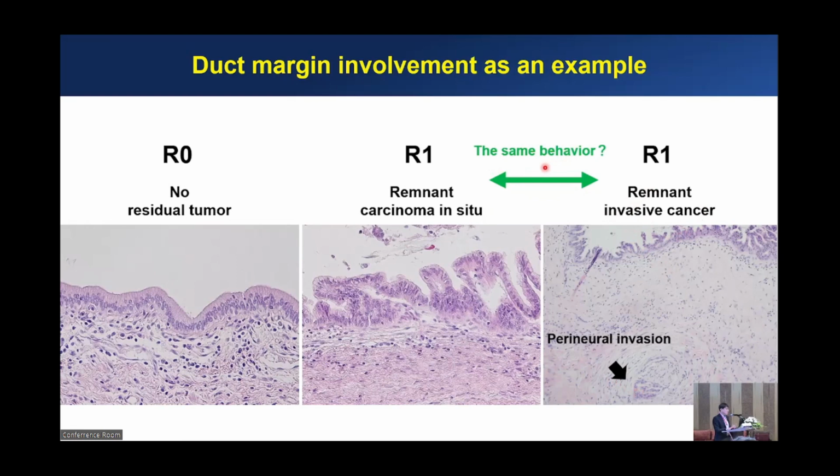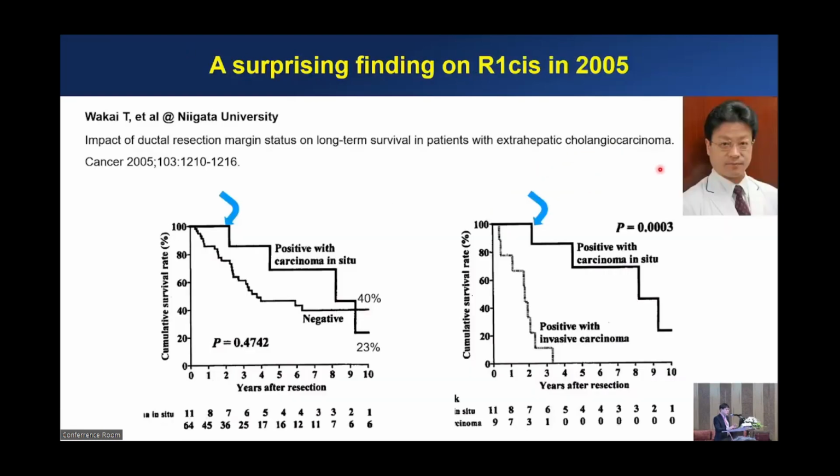This is Professor Wakai at Niigata University, one of my friends, because I worked at Niigata University for academic pathology work. He proposed that CIS is not so good, not so bad. This is R1 CIS, a positive margin with CIS.